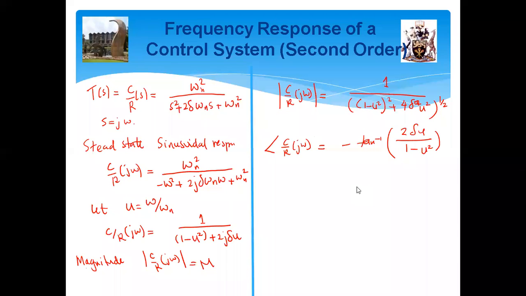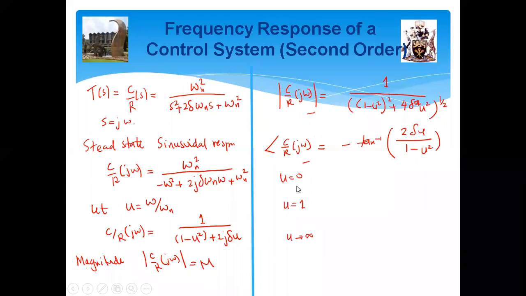So once we have these, we can plot our response. I just want you to get a feel for it. Let's do it for u is 0, u is 1, and maybe when u goes to infinity.